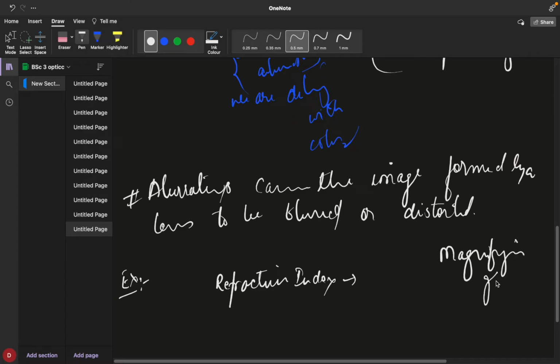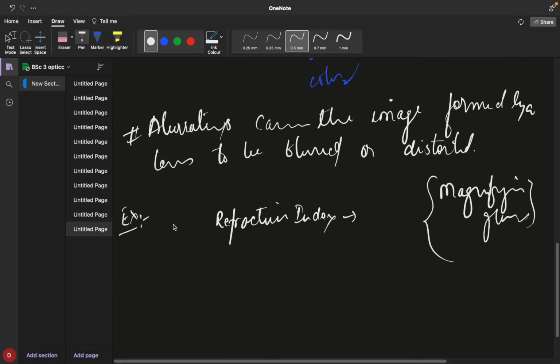When I use this magnifying glass to see this word, I can see clearly from the center, and from the edges I see a blurred portion.